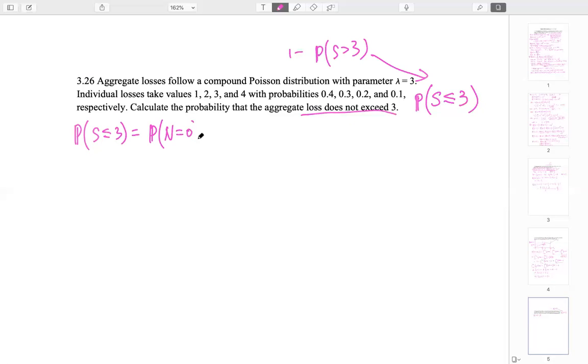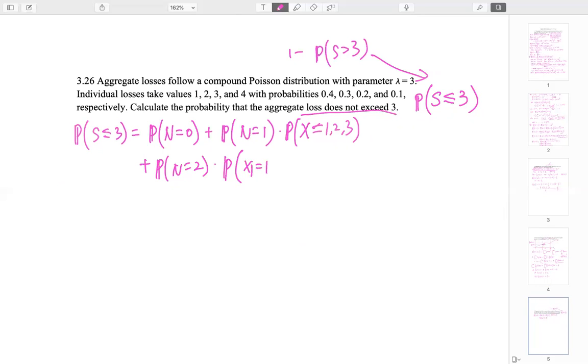What I meant is, N equals 0. Well, then obviously S is 0, so it's true. When N is 1, it would be 1, 2. Okay, so my X must be 1, 2, 3, cannot be 4, right? Then when my N is 2, I have X1 plus X2, then it can be, well, different choices, right? So X1 is 1, then my X2 must be 1 or 2, cannot be 3, right?